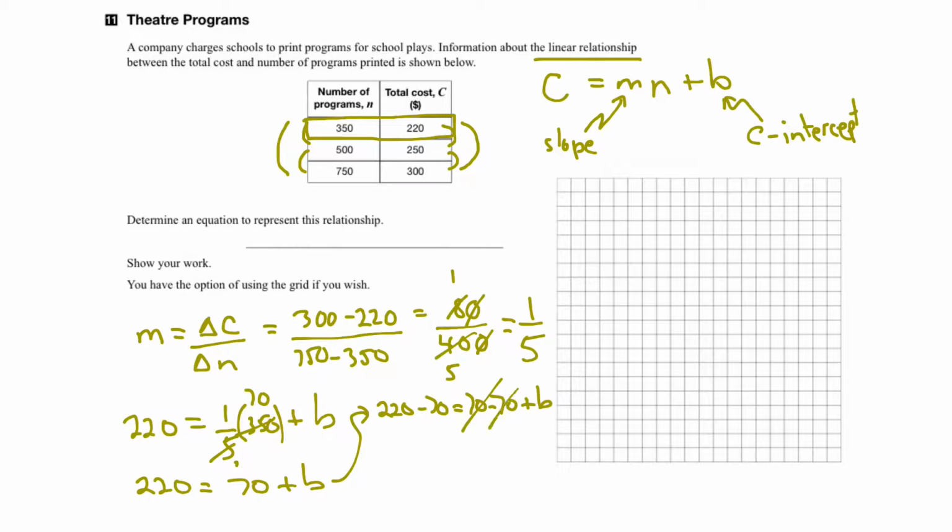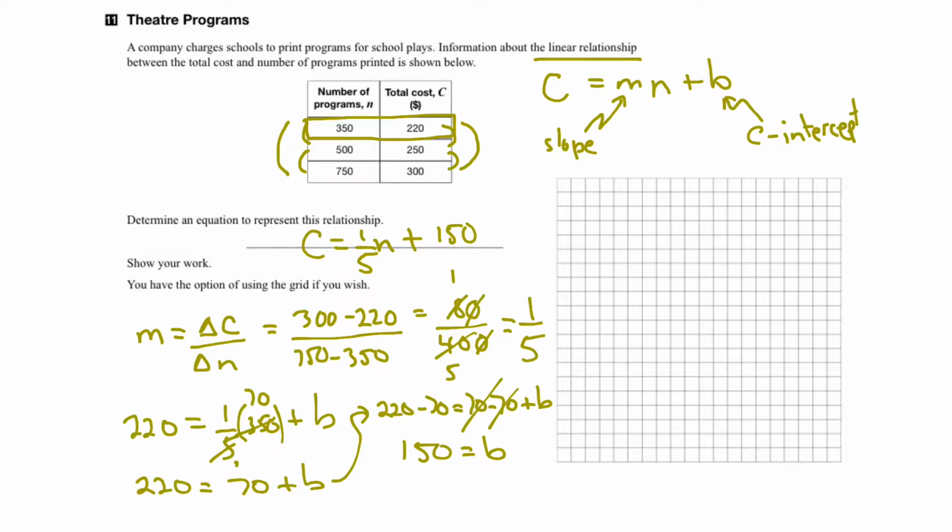Here the 70s would cancel out, and 220 minus 70 is 150 equals b. Again, I could have picked any of these points for values for c and n, and I'd get the same answer. We won't do that now, but you could try it if you want. So now that I know m and b, I can just substitute those into the equation, and I'll have the equation of the relationship. So the answer is c equals 1/5 n plus 150.